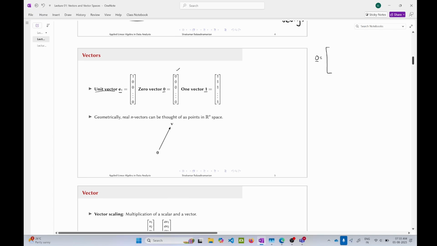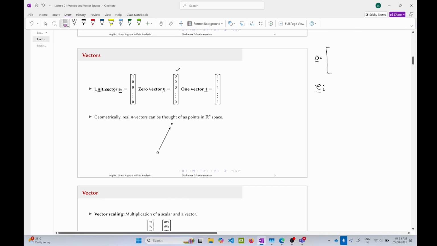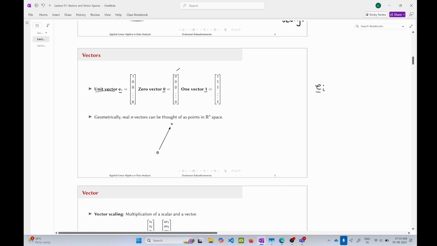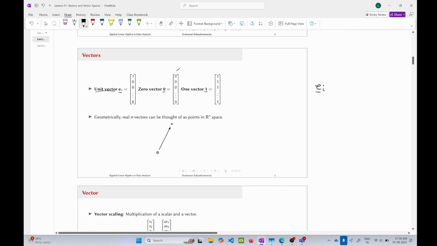Unit vectors, on the other hand, are expressed as E subscript i. In our case, a unit vector would be something where all the elements are zero except for one element, which is equal to 1.